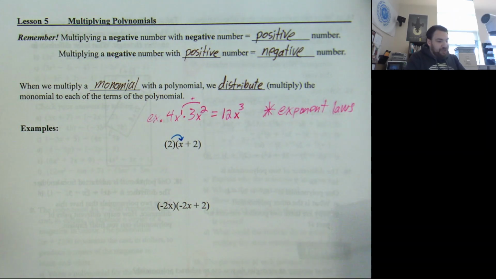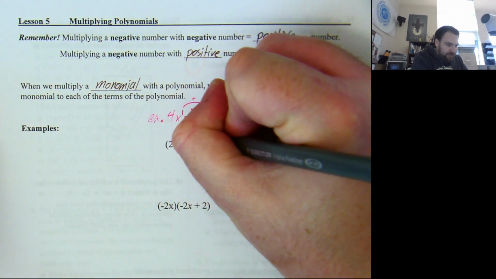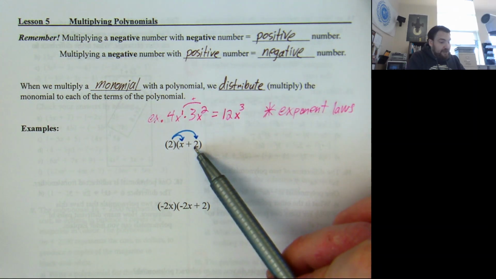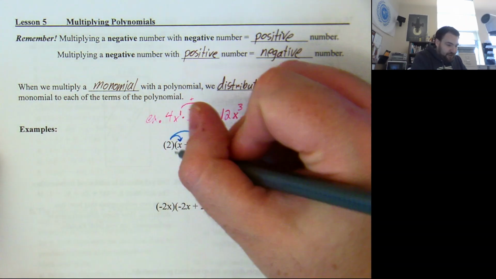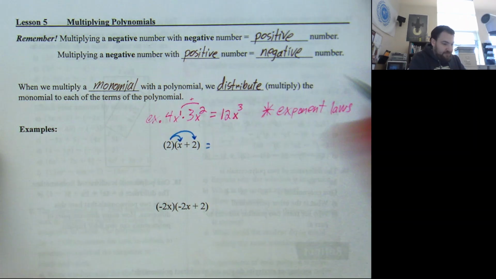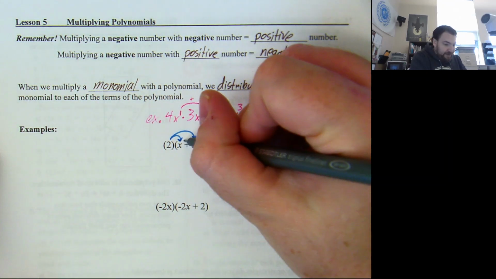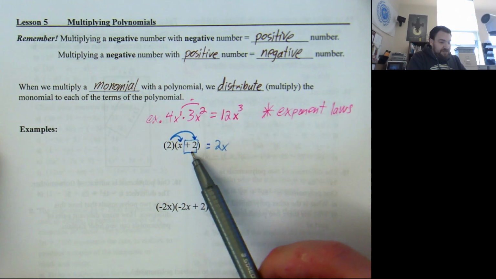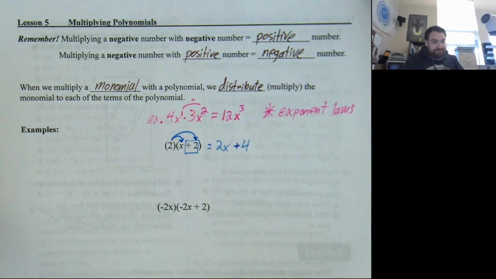We need to make sure we distribute the monomial onto each term in the binomial. And if you recall, terms are separated by addition and subtraction. I've got 2 terms here, so I need to make sure I multiply the 2 by the x and the 2 by the 2. 2 times x is just 2x. 2 times positive 2, remember we include the sign up front, is plus 4.